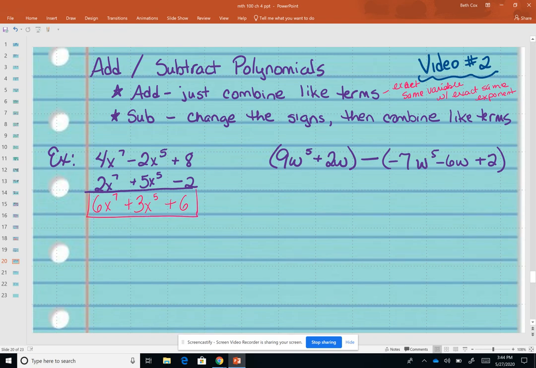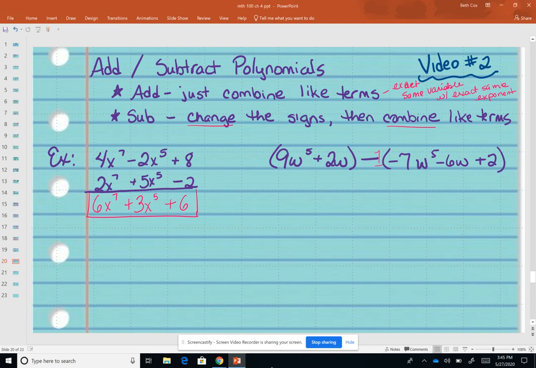Adding is really easy. Subtracting is not hard at all. It's pretty easy too. But you have to be very, very careful because we have sign issues when we subtract. So to subtract, we're going to change the signs, then combine. That's the little rhyme. And if we notice on this next example, example 2, this second one is the one that's being subtracted, not the first one.